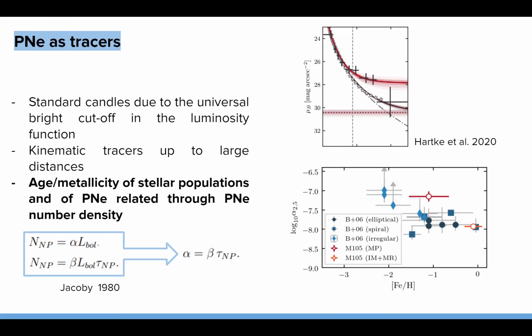The thing is that to do that, you have to look at the inner regions of galaxies, which is always a problem. Like we saw before, in the inner regions of galaxies, the surface brightness of the galaxy is just very, very bright, and even planetary nebulae are quite hard to detect.